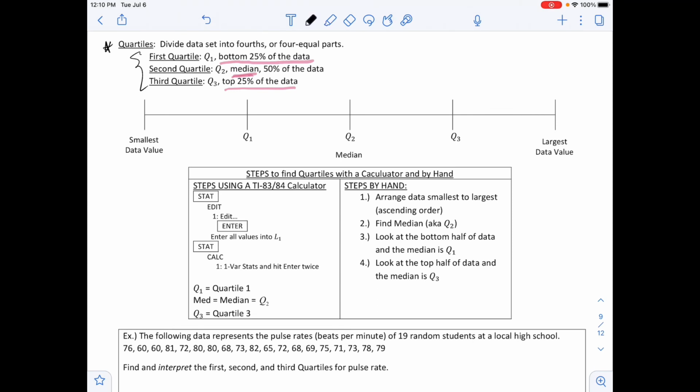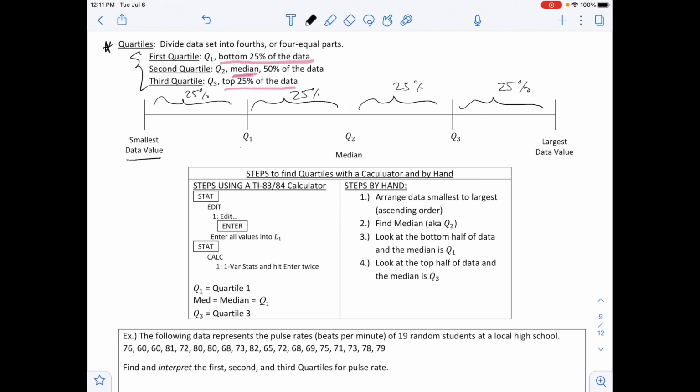On the diagram here, we have things split into 4 equal parts. This is our 25th percentile, or bottom 25%. We have our next 25%, the next 25%, and then that top 25%.